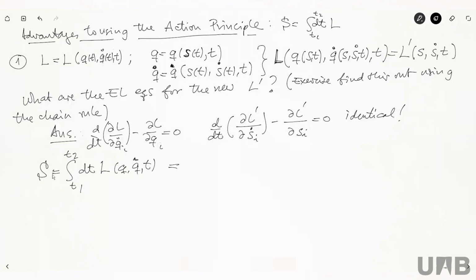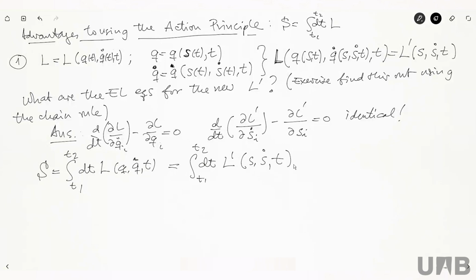And now, let's forget about this thing. If somebody comes along and says, I have a Lagrangian L prime as a function of the generalized coordinates s, s dot, and t, what is the action principle? Well, the action principle is the integral dt from T1 to T2 of the Lagrangian that you're given in terms of the variables that they tell you.